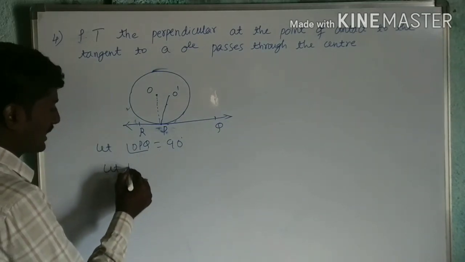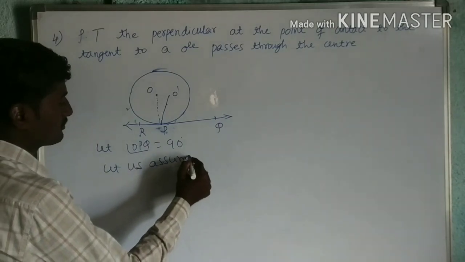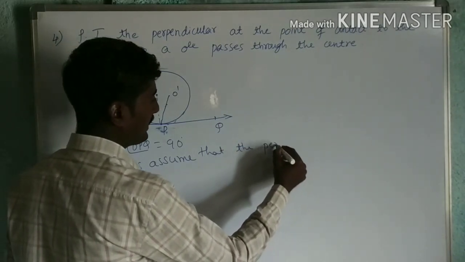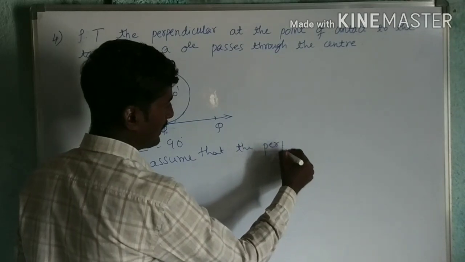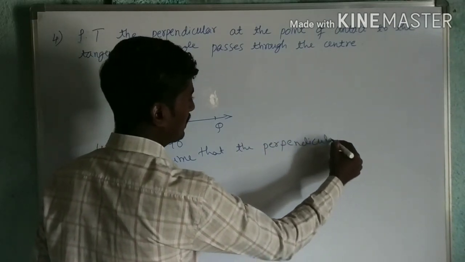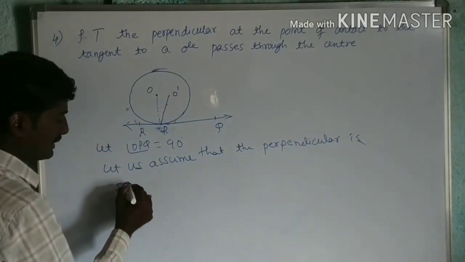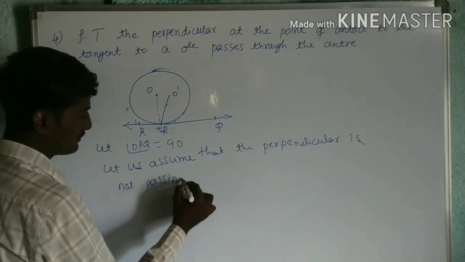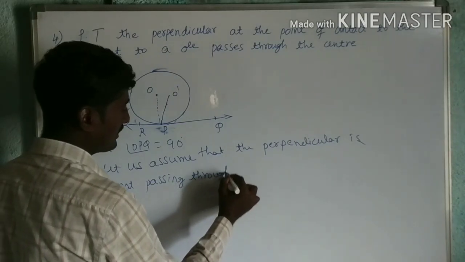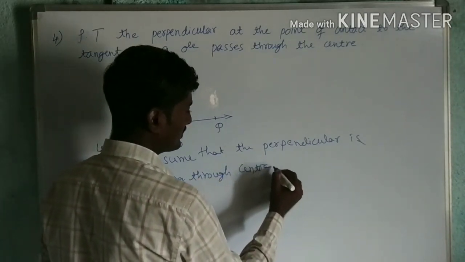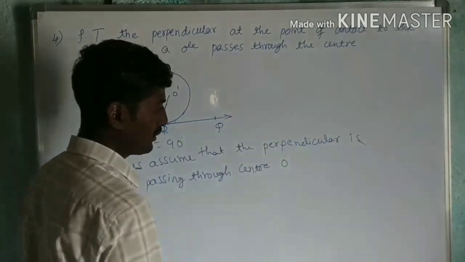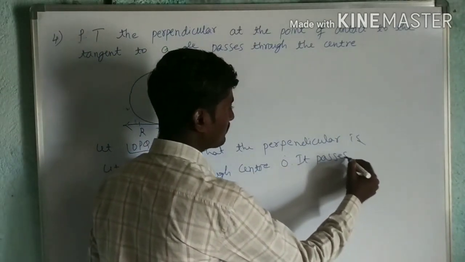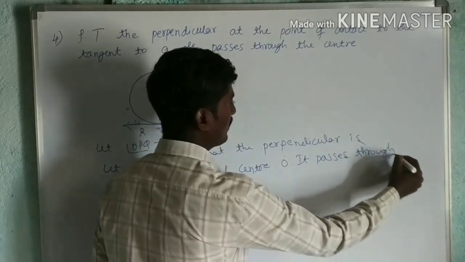Next, let us assume that the perpendicular is not passing through center O. Okay, not passing through O. It passes through O dash.